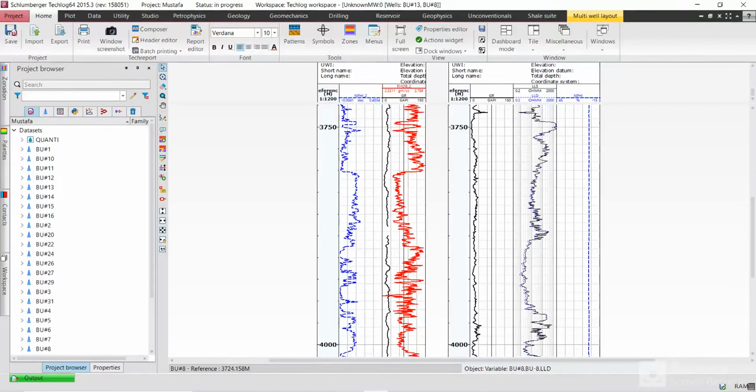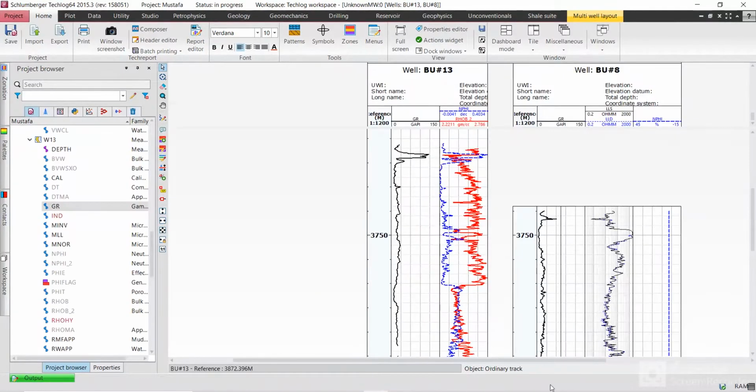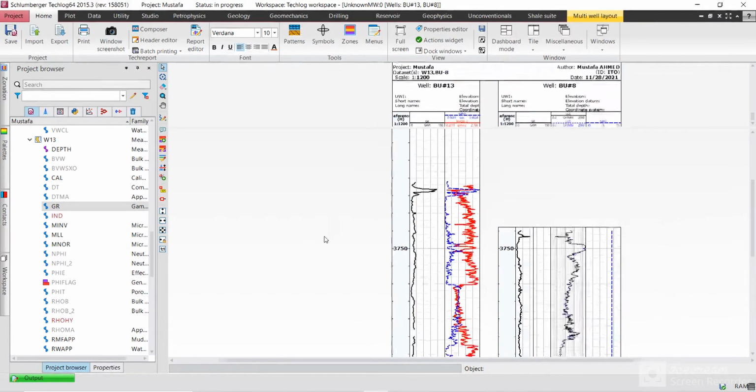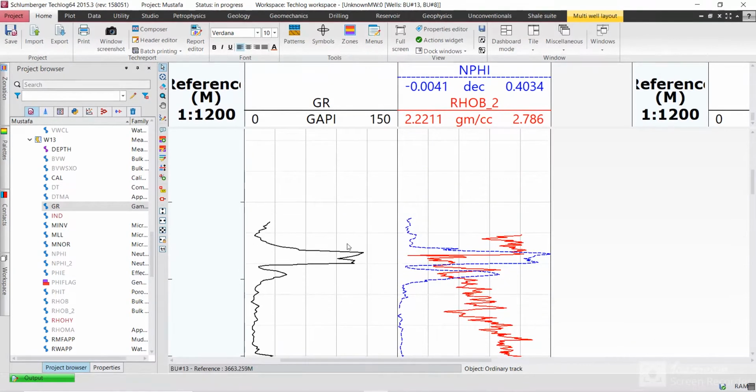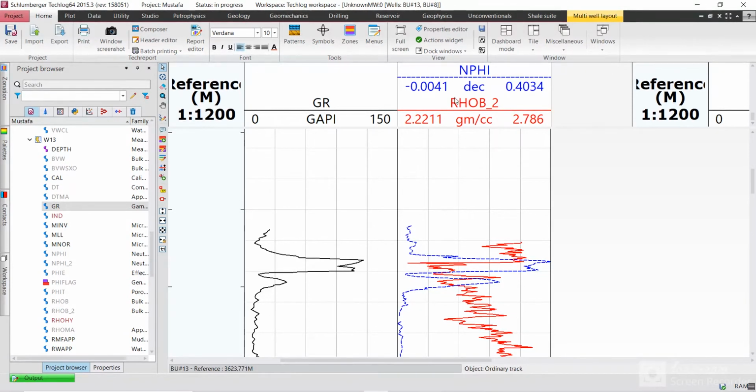So let's go back to Techlog. Now let's see the response of these logs. So when you see high gamma ray, it means that you have radioactive material, as I said. When you have radioactive material like potassium, uranium, thorium, it means that you have shale. And the response of rho b and neutron, wait, let me edit this.